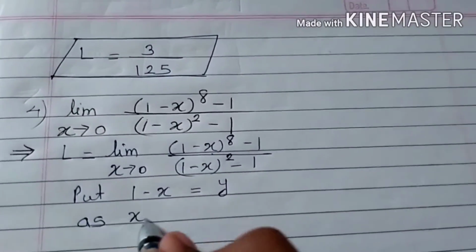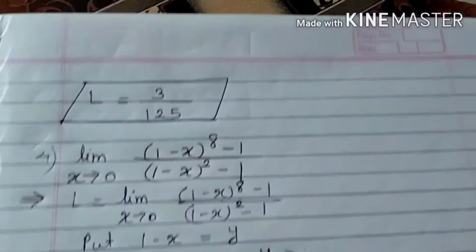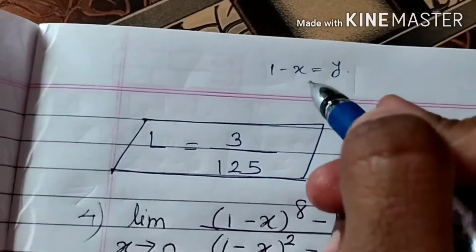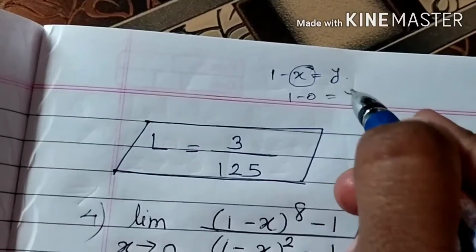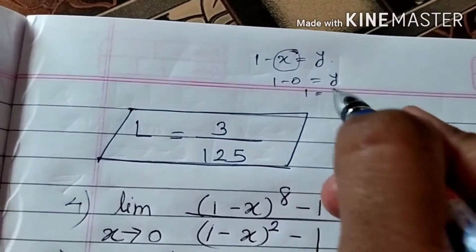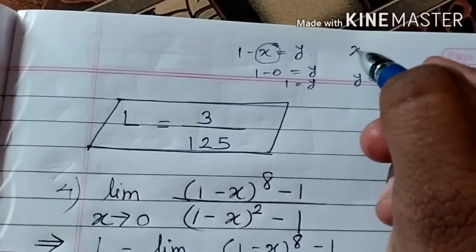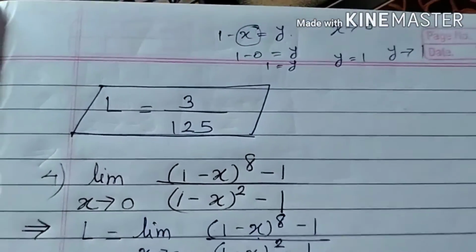As x tends to 0, y tends to what? If we put 1 minus x equal to y and x becomes 0, then 1 minus 0 is equal to y, means y is equal to 1. But here x tends to 0, so y also tends to 1.